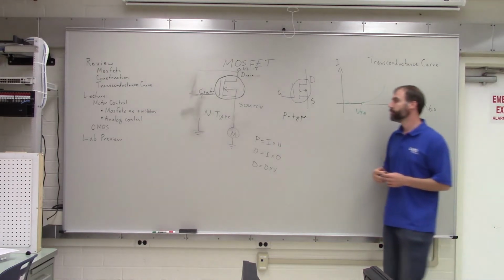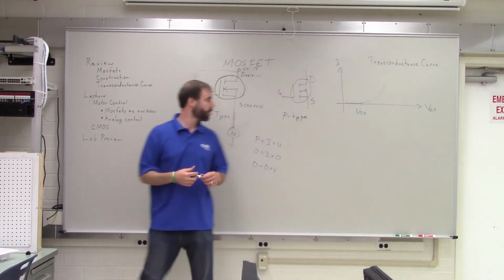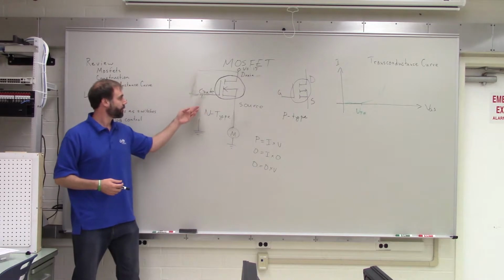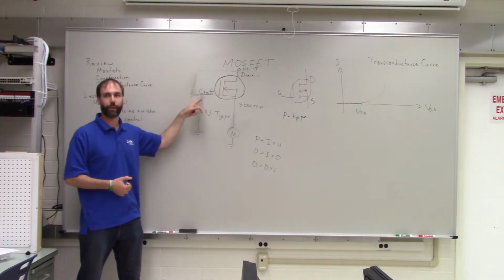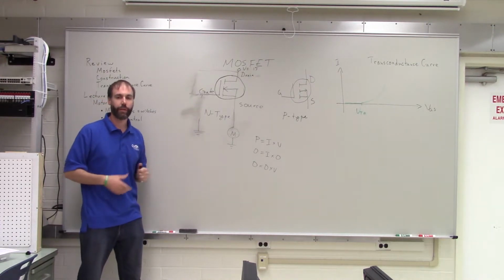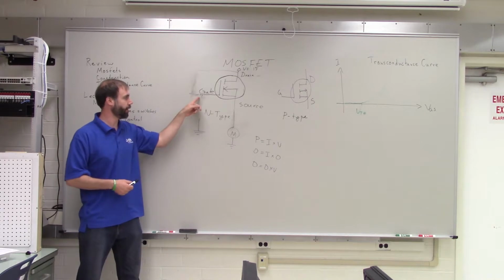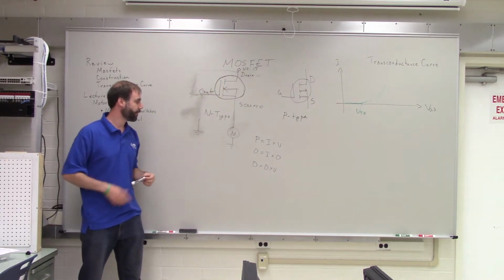So we could apply not 0 volts or 15 volts, but somewhere in between, right? Maybe 4 volts or 5 volts. You saw that last time. You were able to vary the voltage, and that varied the current.